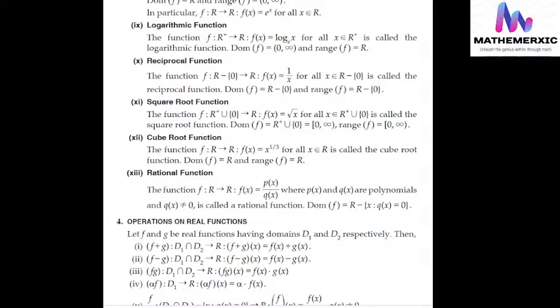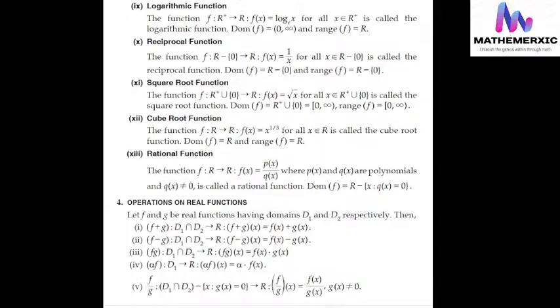Domain of f is R plus union {0}, which is equal to the half-open interval [0, infinity). Range of f is also the half-open interval [0, infinity), closed at 0 and open at infinity.